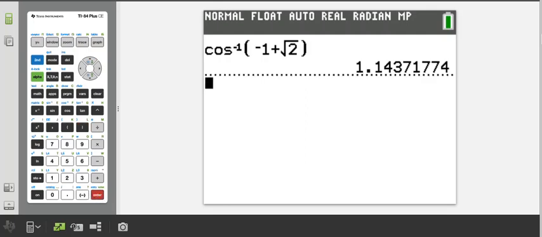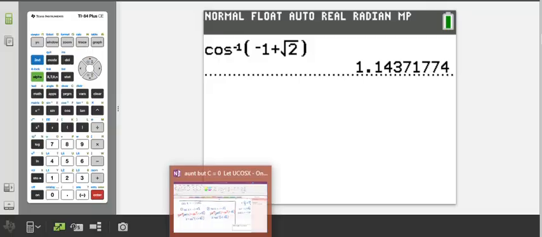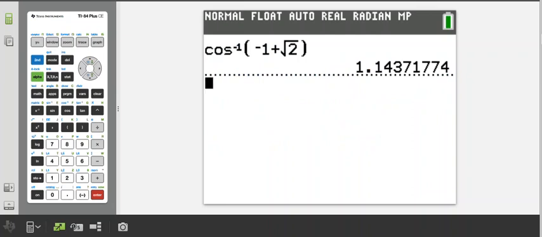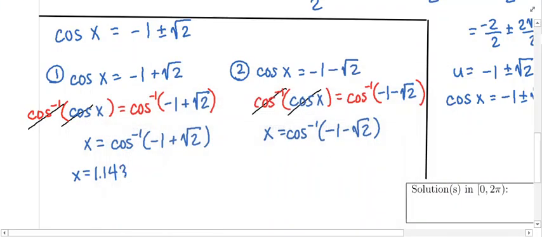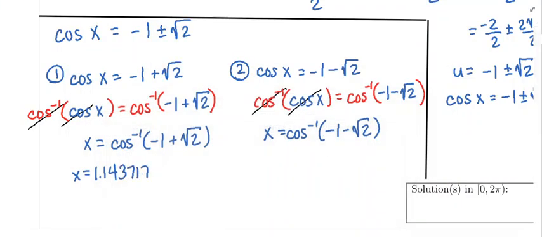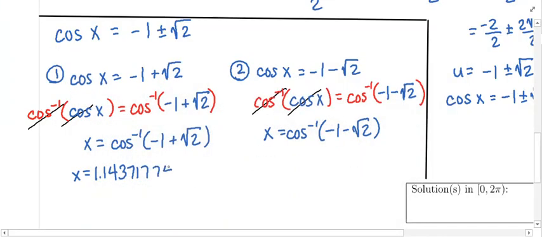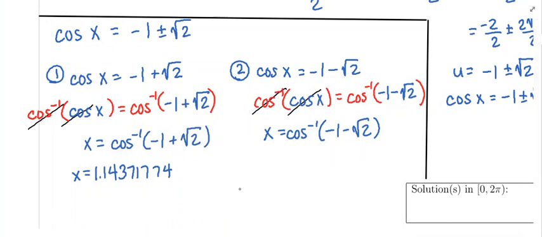I'm going to go ahead and write out the entire decimal expansion here. So x is going to be 1.143774. I'm using the full decimal expansion for accuracy here. So is this angle between 0 and 2 pi radians?